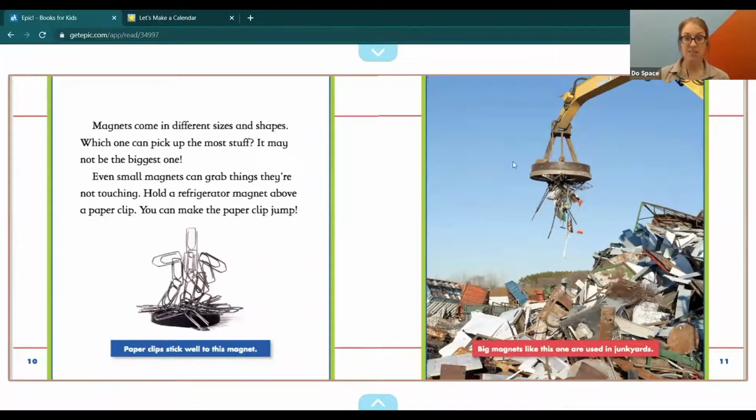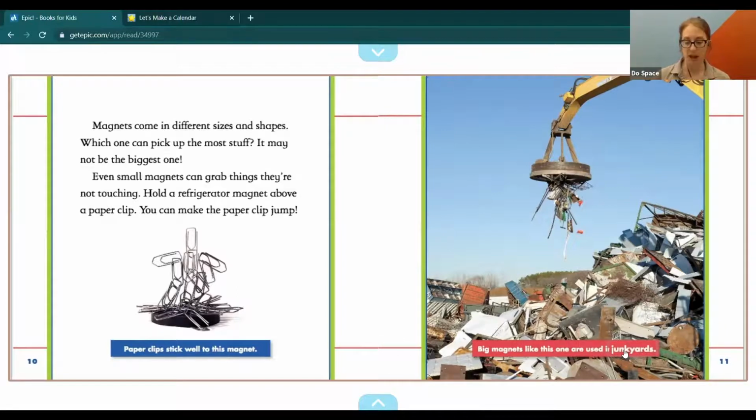But then this is a really big magnet over here. This is a magnet at like a junkyard. And so this big magnet is one that is used in junkyards. So I'm going to show you how sometimes magnets have different forces of attraction. Sometimes they have a lot of attraction, so they can grab a lot of things, and some of them can't.